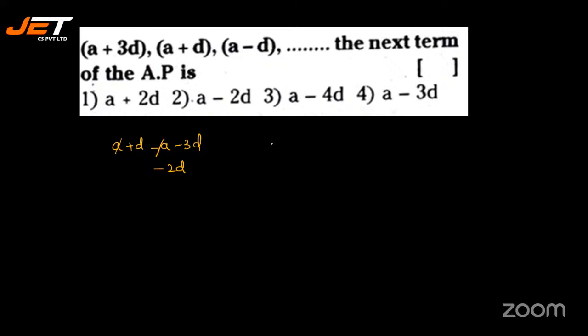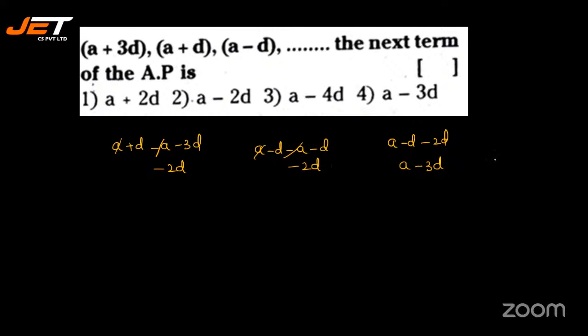The next term of an AP they want. Okay. So third term minus first term. It becomes minus 2d. So your next must be a minus d minus 2d, which is a minus 3d.